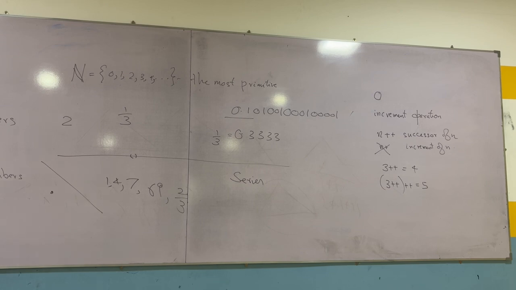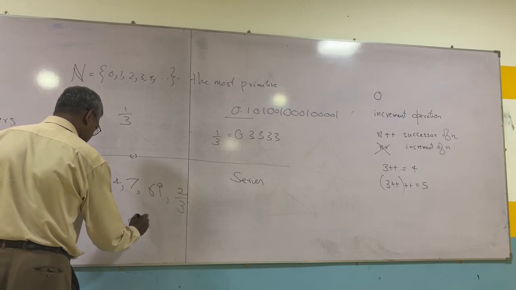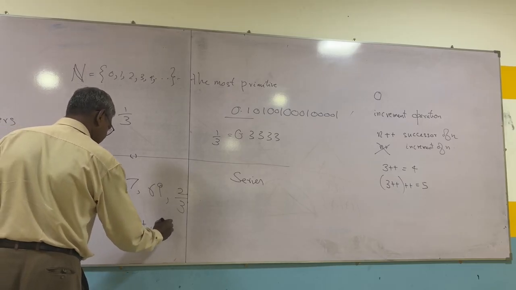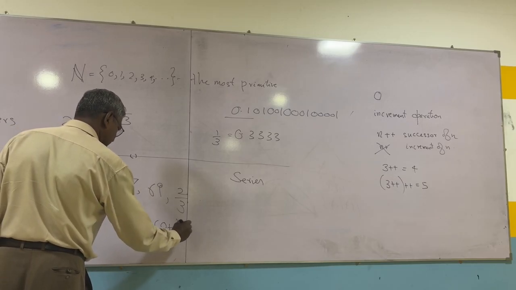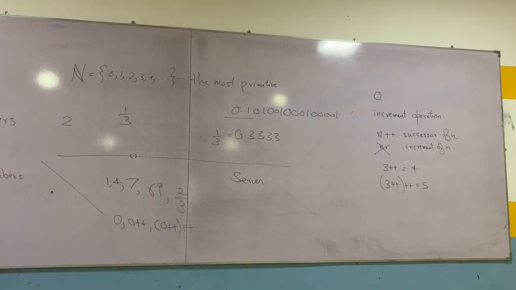But I said N consists of, now this is our definition. N consists of 0 and everything constructed from 0 using the increment operation. So you have 0, then you have 0 plus plus, then you have 0 plus plus plus plus, like that. You get it.